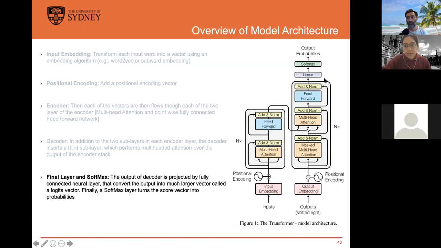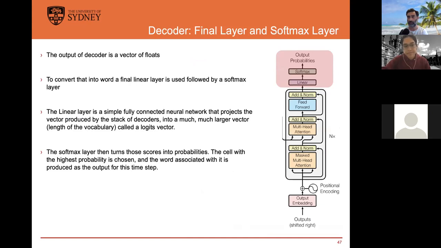Finally, we have a final linear layer and a softmax function. The output from the decoder sublayer is again a vector, right? We want to predict a word. So the output of the decoder layer is passed through a linear layer and the softmax function, and we'll see that in a little more detail.